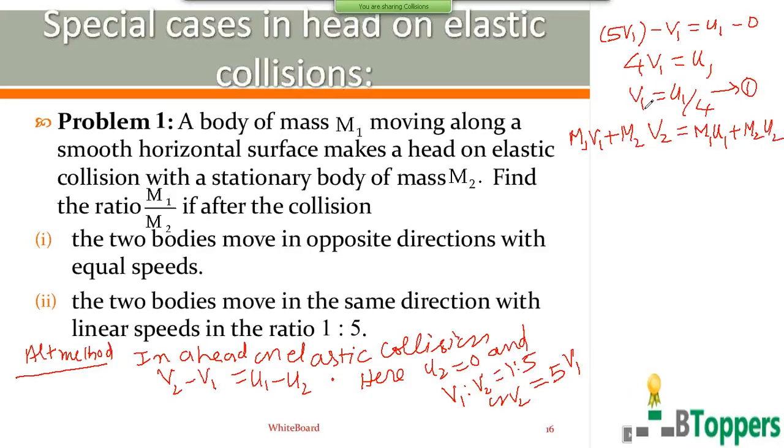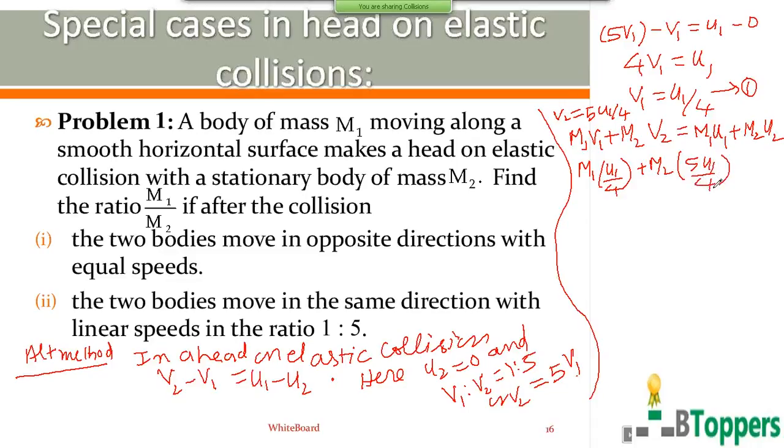So here you can substitute from V1 equal to U1 by 4, V2 is 5 times V1, so 5 times V1 is 5U1 by 4. Substitute these values here: V1 equal to U1 by 4, and V2 equal to 5U1 by 4 on the left side.